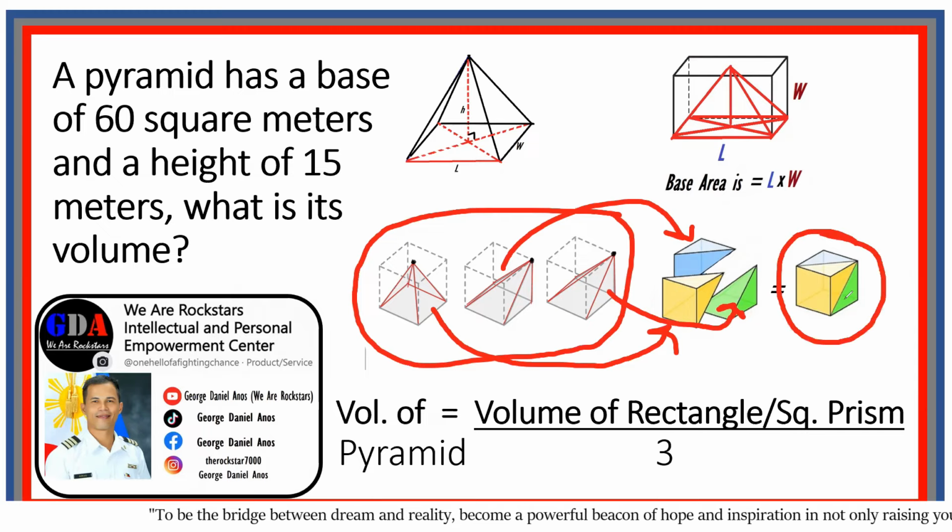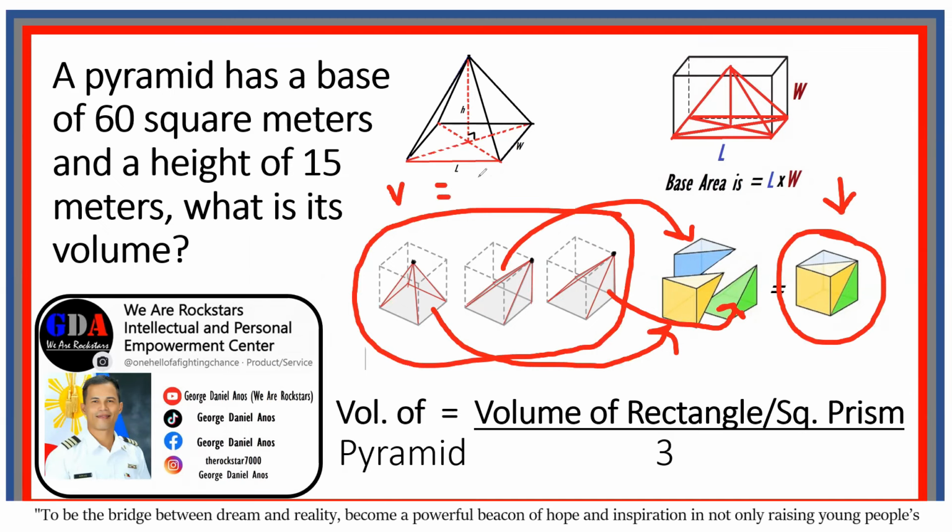So what this tells us is there are three pyramids of equal volume. Volume 1 is equal to volume 2 is equal to volume 3, and that they would create a perfectly shaped square prism.